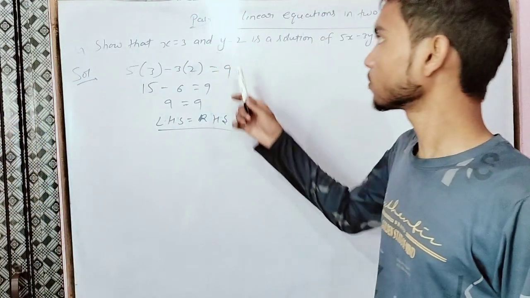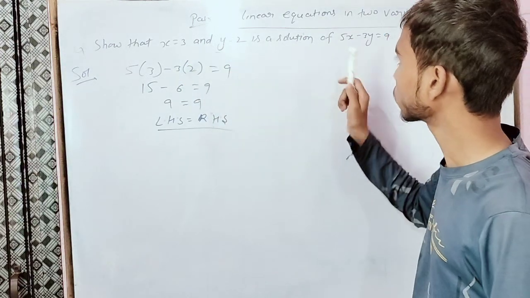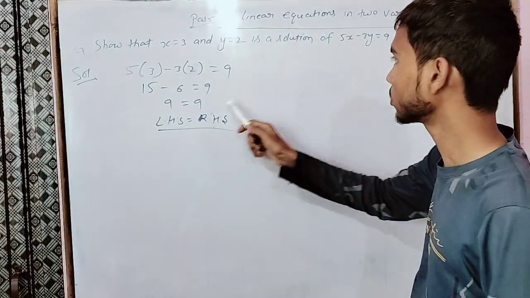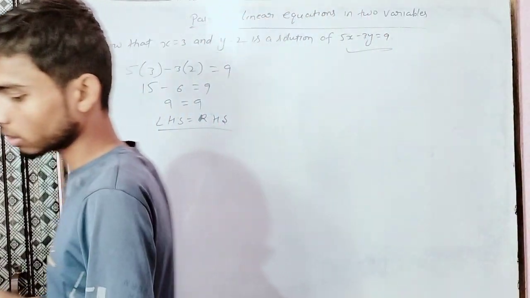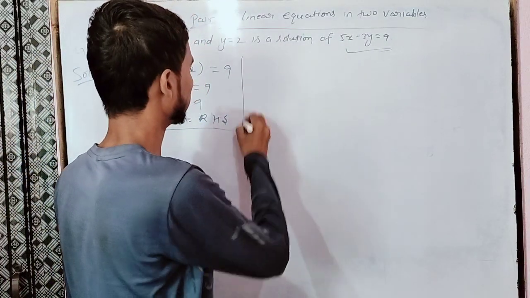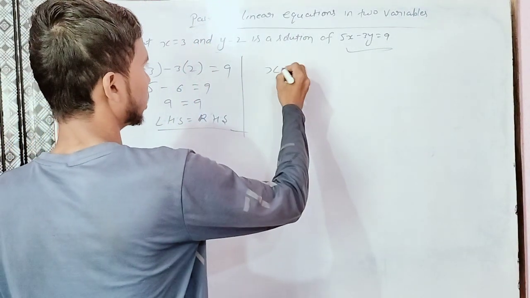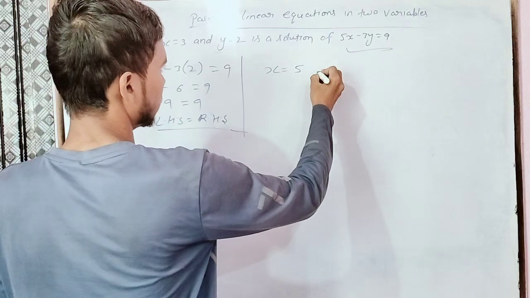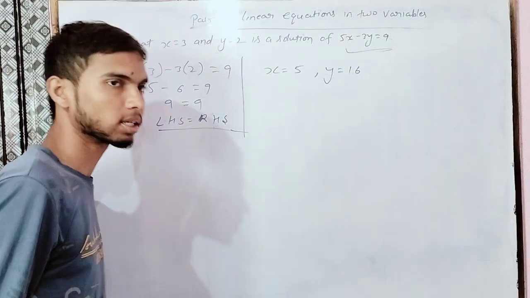So we can say this is a solution of this linear equation. If you didn't understand yet, then put x as 5 and y as 16.